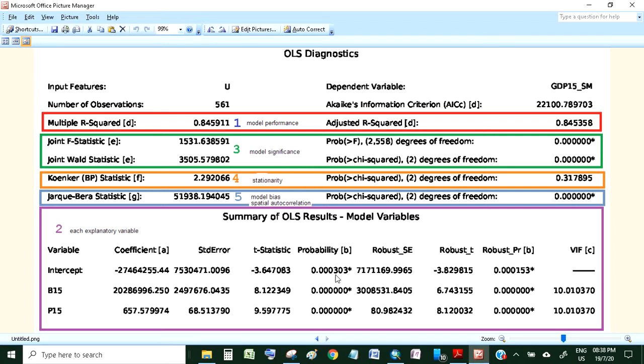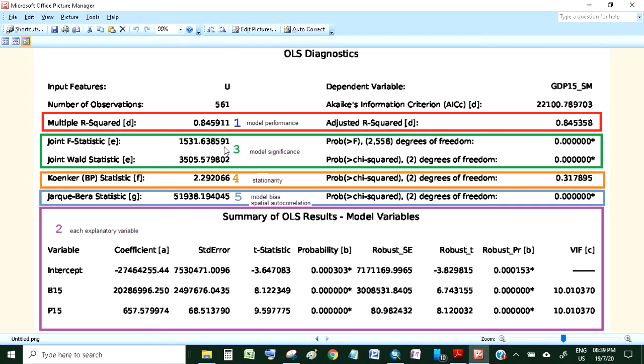But there are other things you must know about this result. The third one is showing the model significance, and it will help you to assess the model significance.